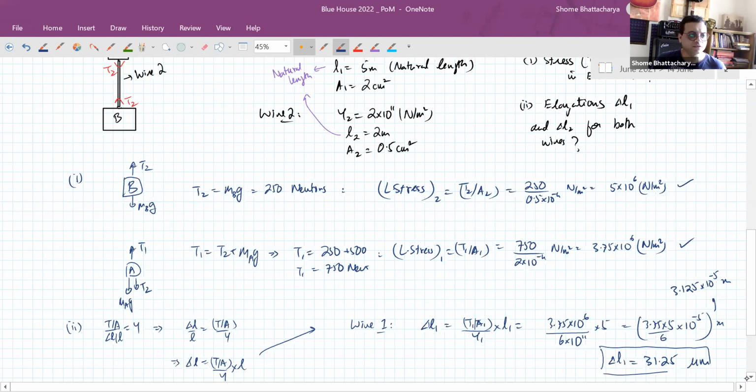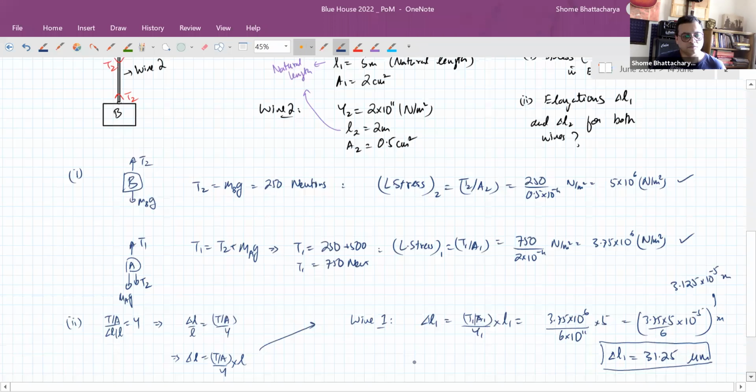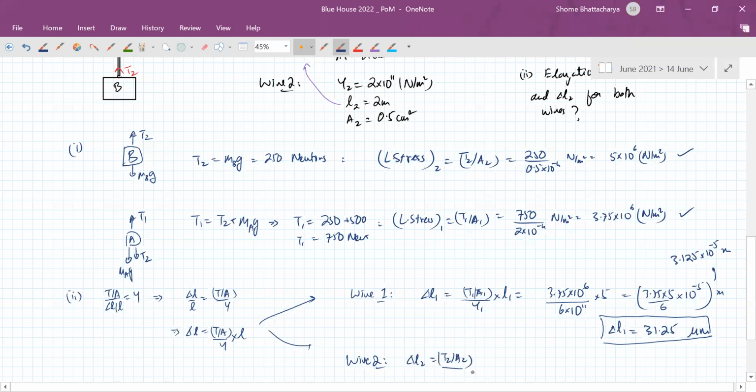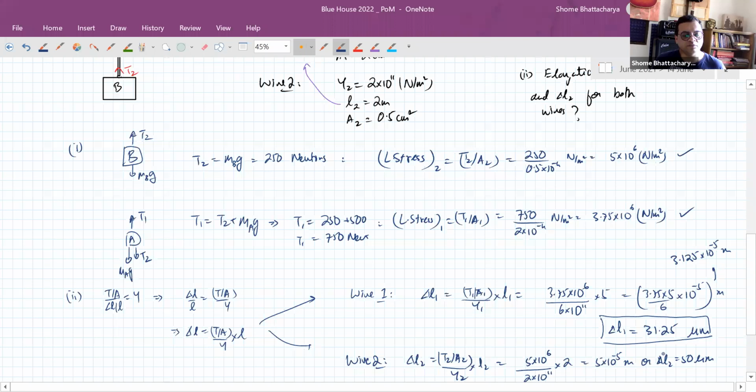And similarly, we can do the calculation for the second one. So 50 micrometers change.